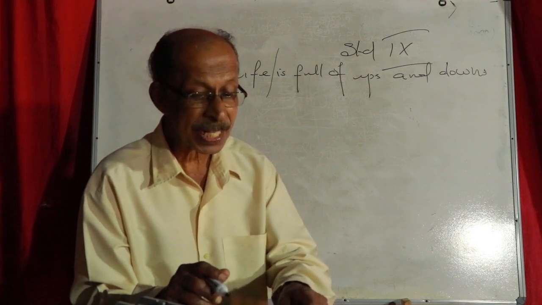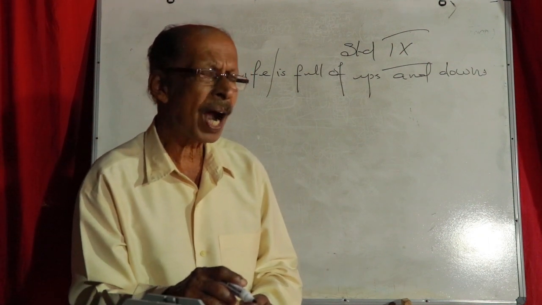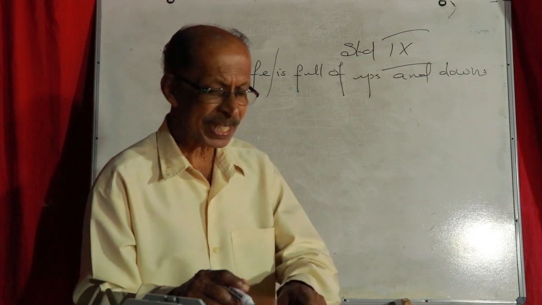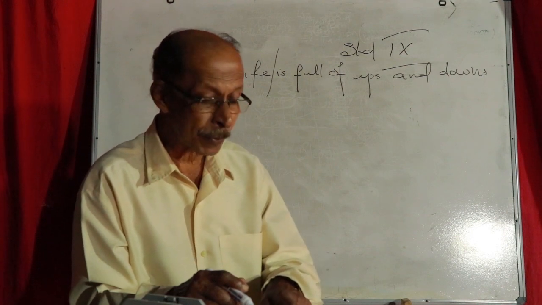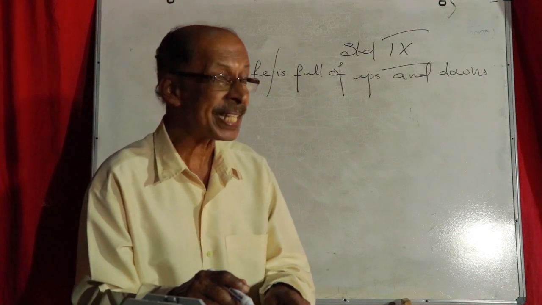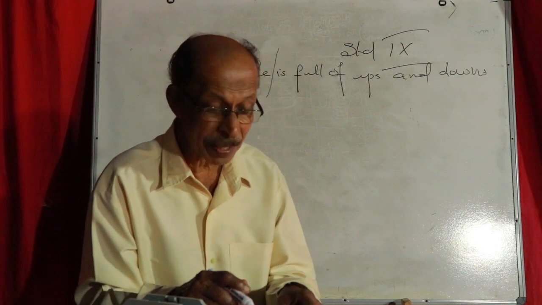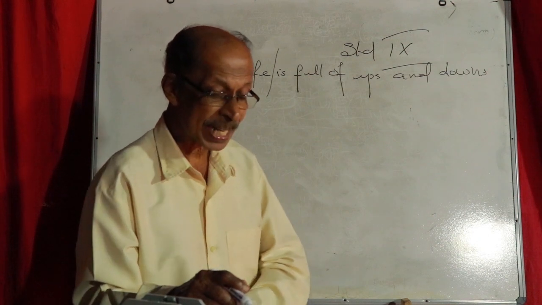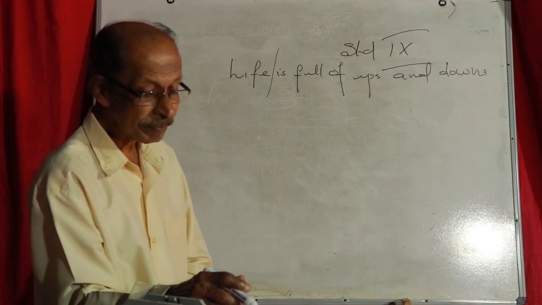Then the fourth sentence, were. All of you know the difference. Is is a singular verb, are is a plural verb, and were is also a plural verb in past tense. Is is a singular verb in present tense, are is a plural verb in present tense, and were is a plural verb in past.